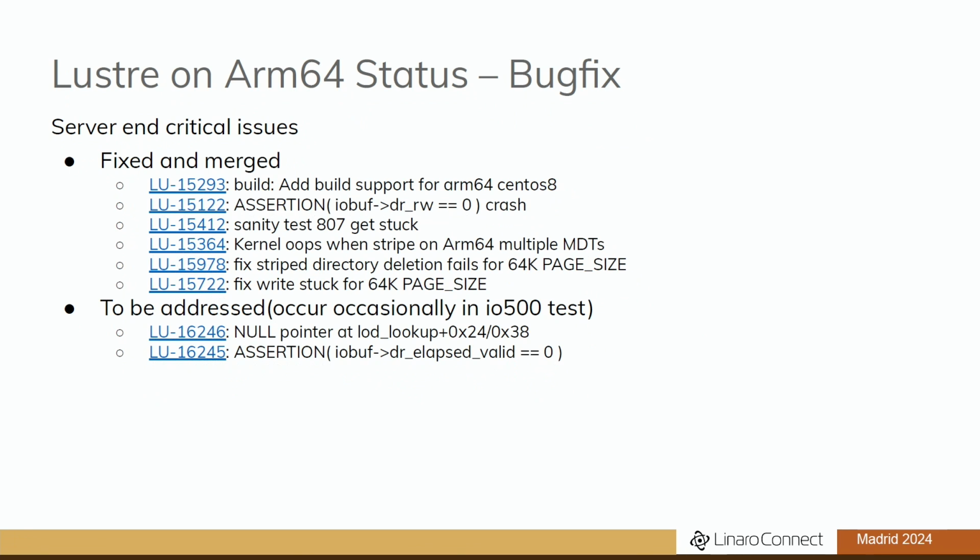That is the build and the crash ones. And in the IO500 tests, we also found 2 critical issues. And these issues found in the CI are all fixed and merged in the upstream community.